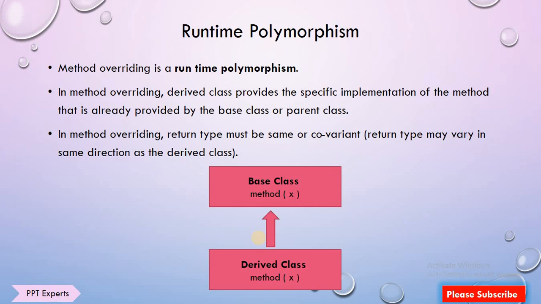As we can see in the diagram, here is a derived class and a method, the same method but different classes, and the base class also has the same method. So the same method but different classes is known as runtime polymorphism.